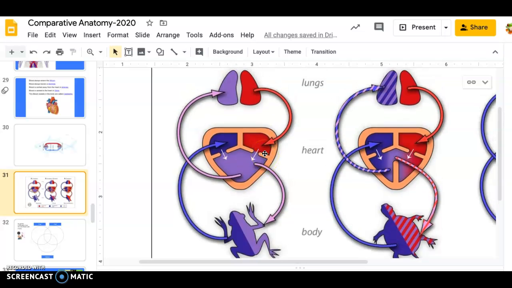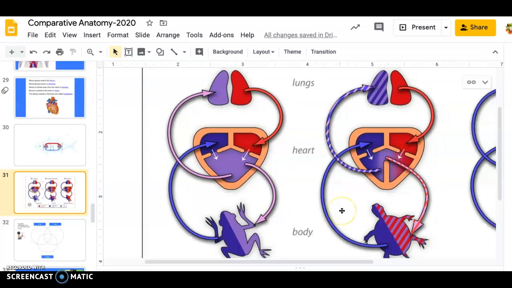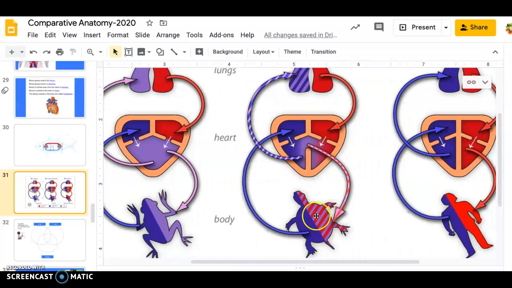So then what we see in the world of hearts like ours is we start to see a wall form. And you can see this in turtles, and actually crocodiles have a wall that's almost completely formed, and they just have a hole that goes in between the two. And there's not a lot of mixing.